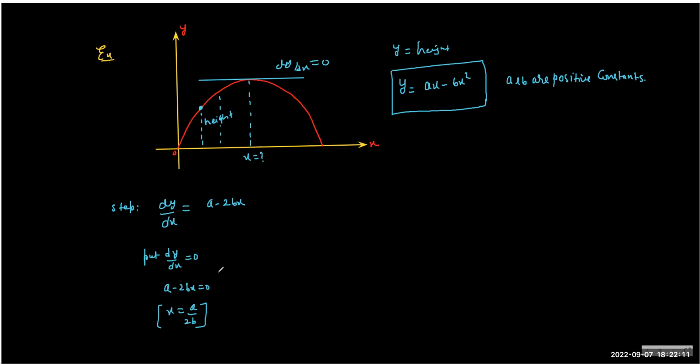But let's say the graph is not given, if you don't know that this is the graph, then how do we solve it mechanically? The next step is, once you differentiate, don't stop, differentiate once more. So the second derivative will give you what?